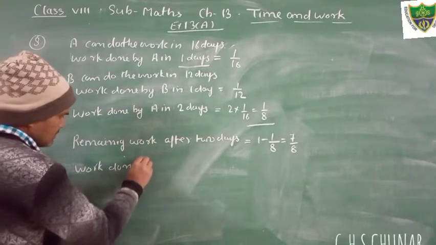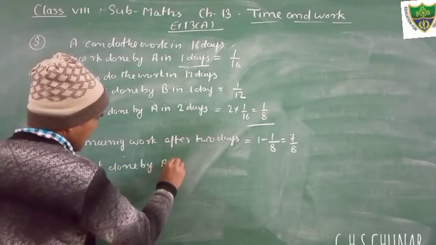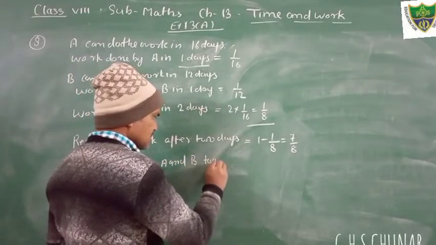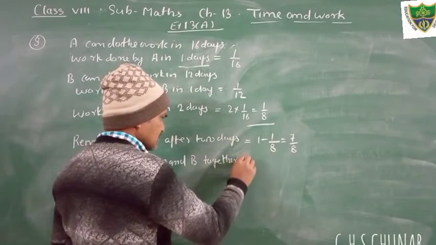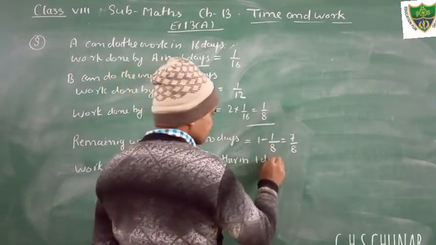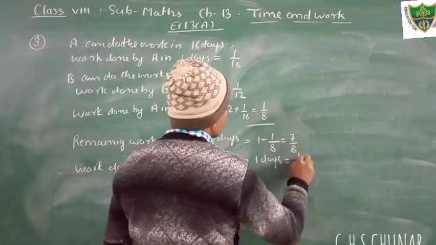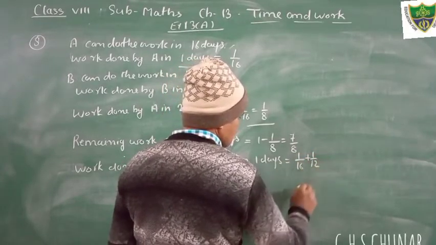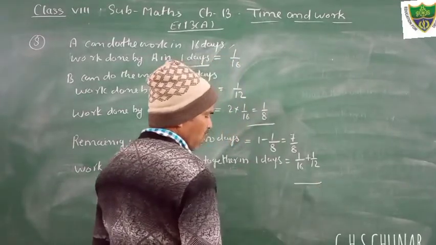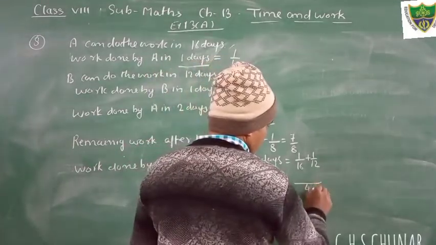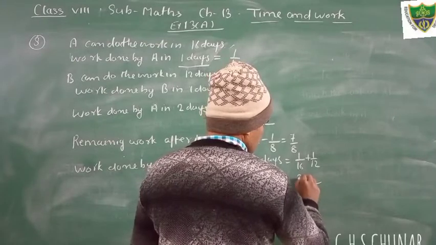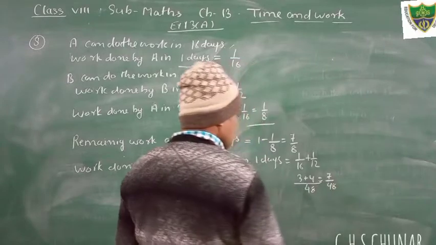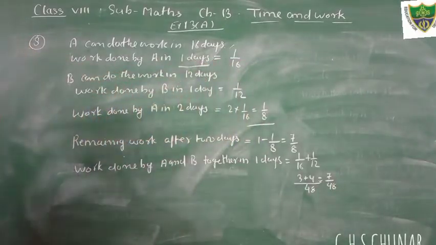Now the work done by A and B together in 1 day is 1 upon 16 plus 1 upon 12, that is 7 upon 48 work.